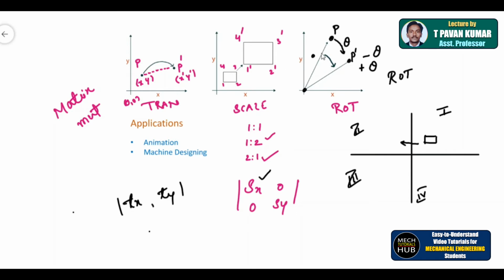Whenever you want to rotate any entity with respect to an arbitrary point, what we will try to do is shift this arbitrary point from the space to the origin first, which means translation will work in between these two. Then we will rotate the entity.